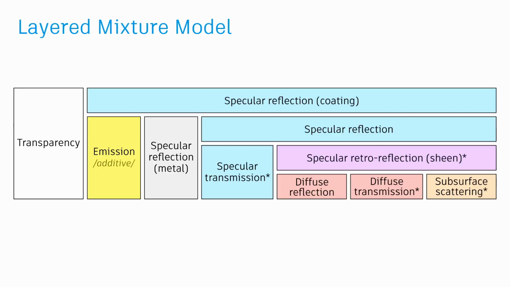Some components are under each other, meaning that all the energy that is not reflected by the top layer goes to be potentially reflected by the bottom layer, and so on. And we've carefully crafted this set of layered mixtures.